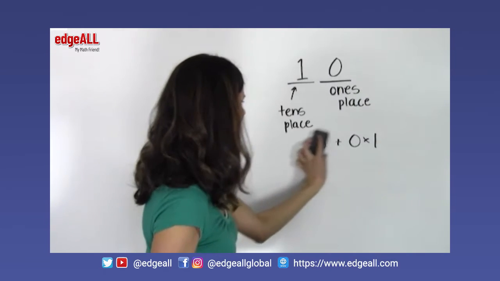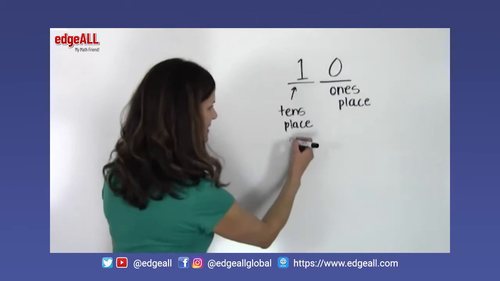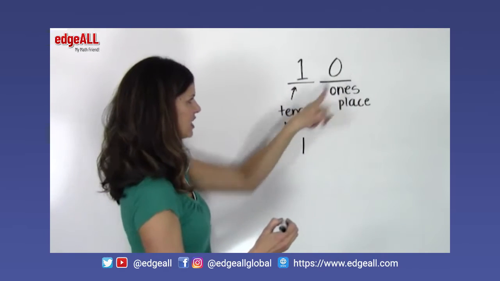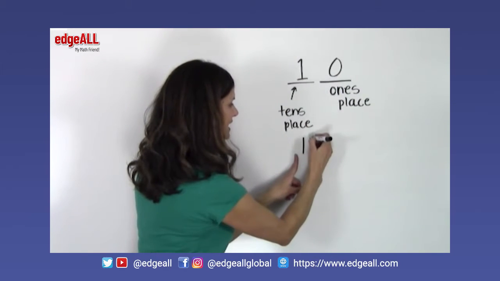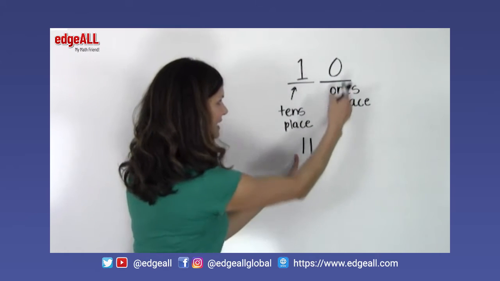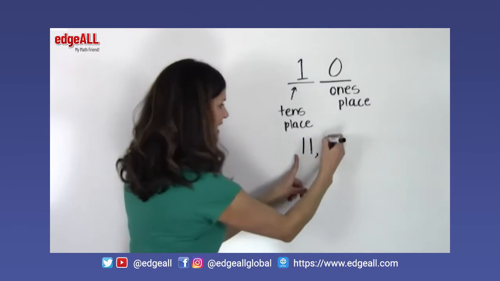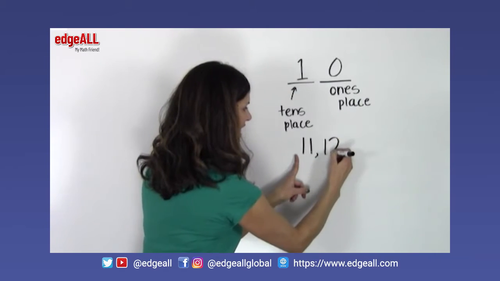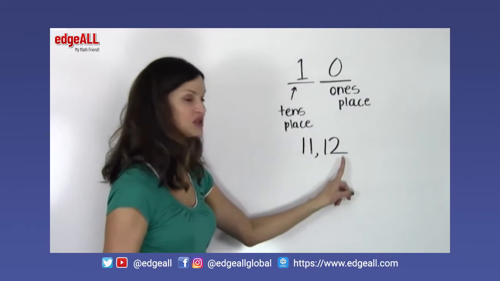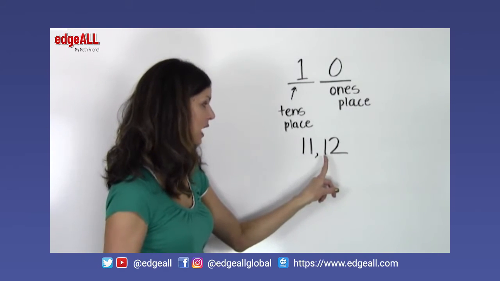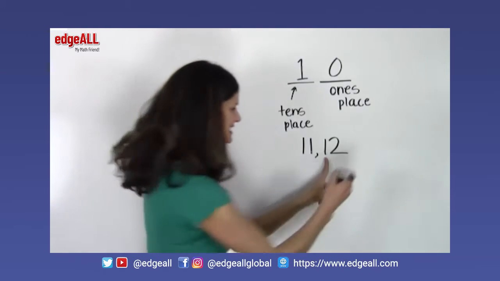With our 1 in the tens place and our 0 in the ones place, we can continue adding 1 to the ones place to go up in value by 1. So we've got 11, and then 12, where we've just added 1 to the ones place and kept a 1 in the tens place.